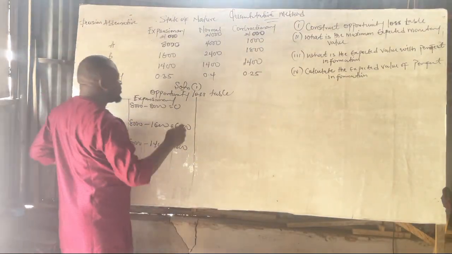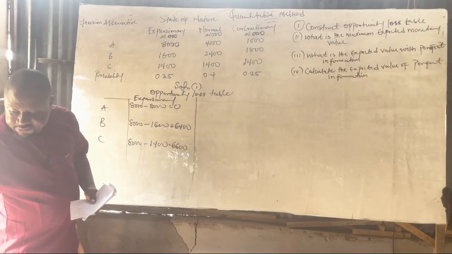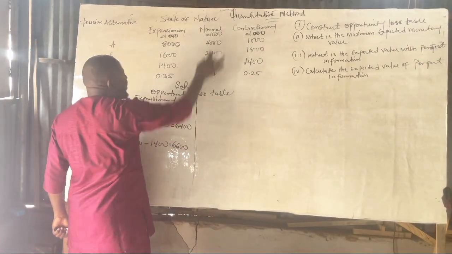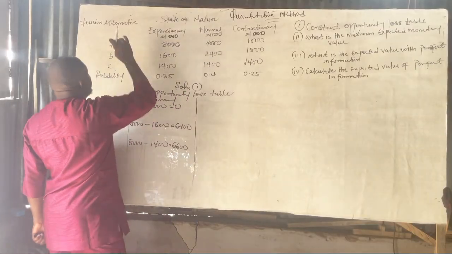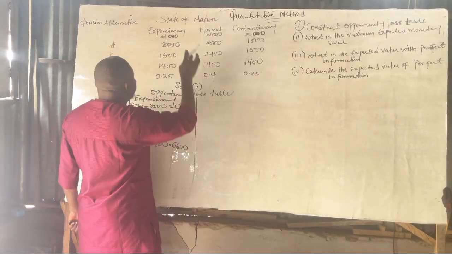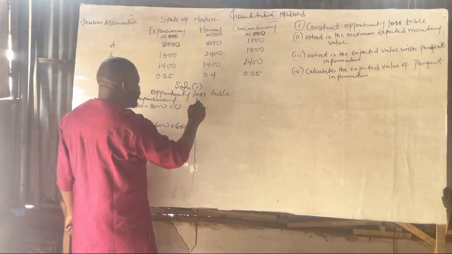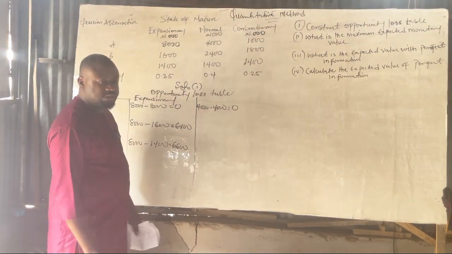Now let's go to normal. What's the best payoff here for normal? If he decides to embark on A, it means he's not losing anything, right? 4,000 minus 4,000, which is zero.